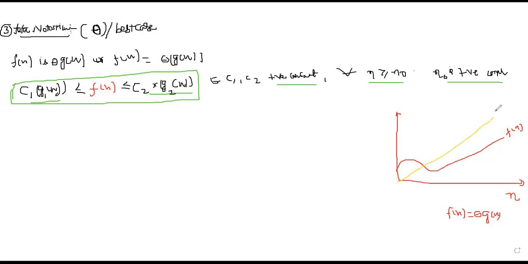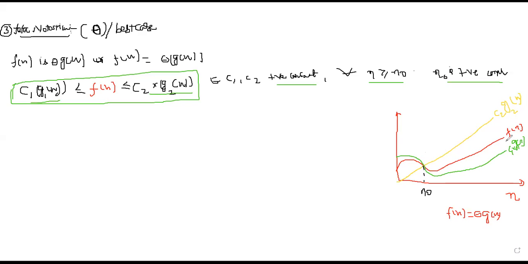This is some constant c2 into g2(n), and this is some constant c1 into g1(n). From the graph it is clear.